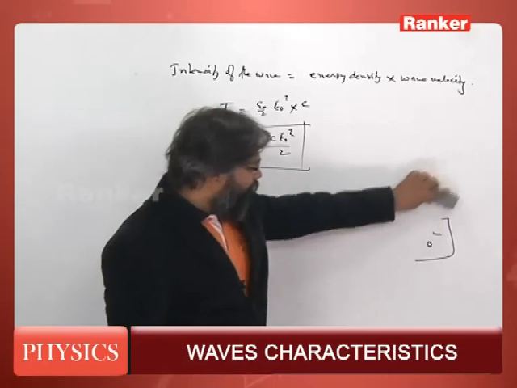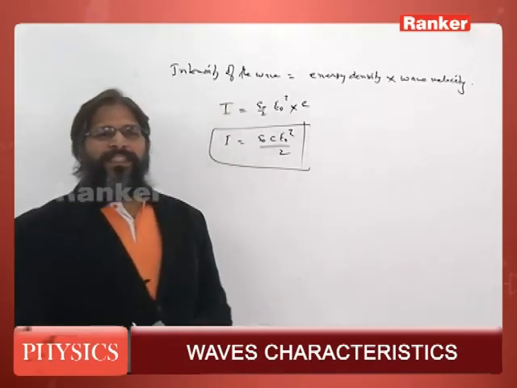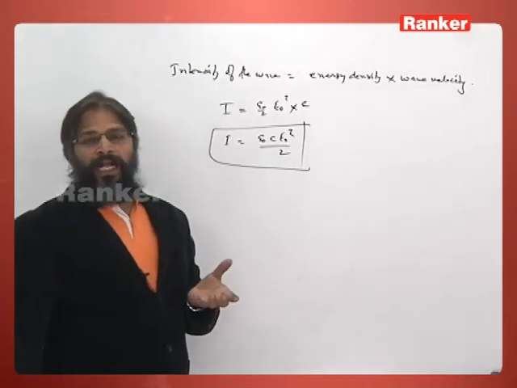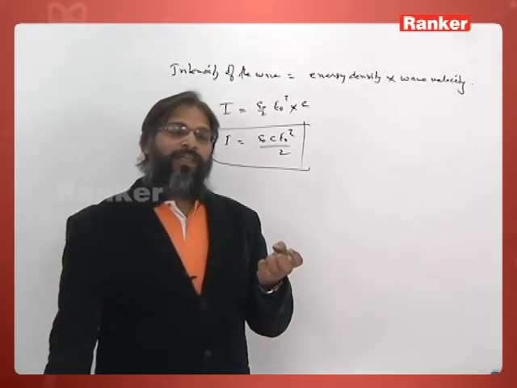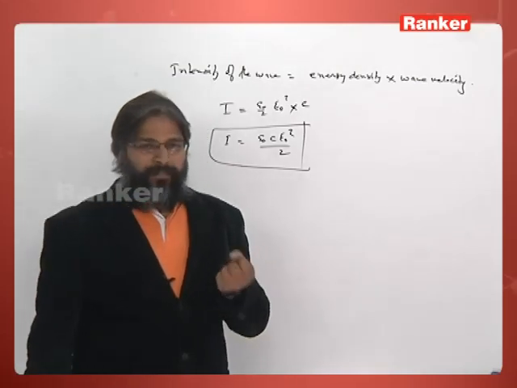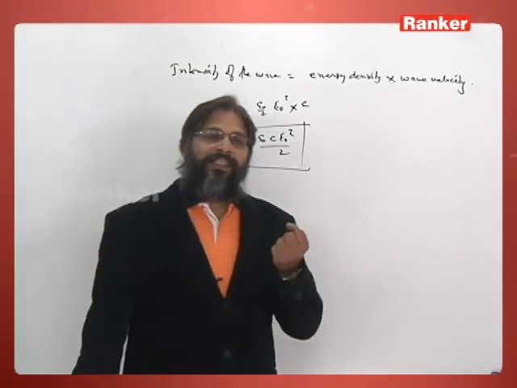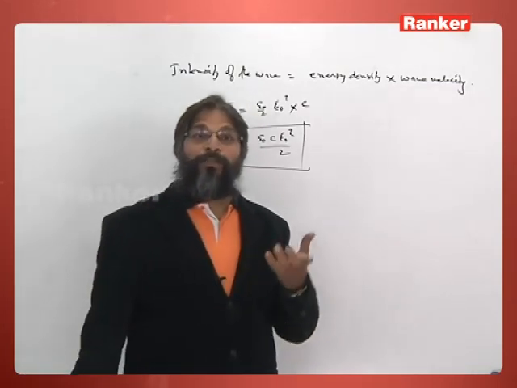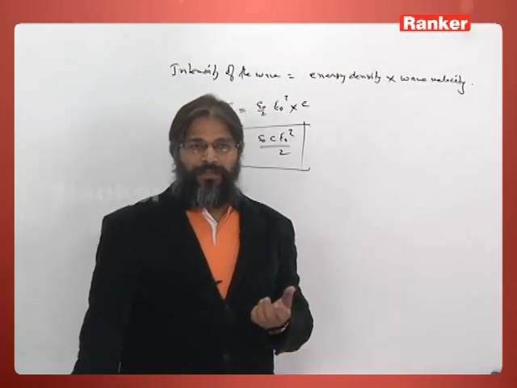Now if a wave is capable of transferring energy, energy is called the surrogate of momentum. That means if a system has energy associated with it, then there must be some momentum associated with it.